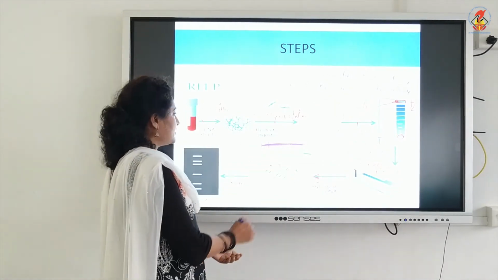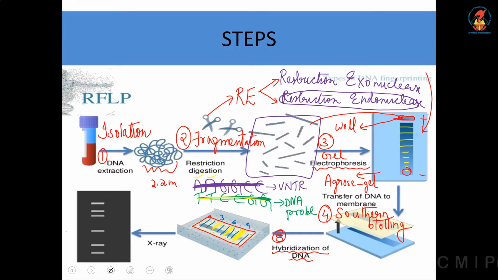I told you the VNTR of the person, let it be AAGGCC. So a DNA probe is made which is complementary to AAGGCC. That will be TTCCGG. So the DNA probe is made, and not only that, it is labeled with a radioactive isotope.